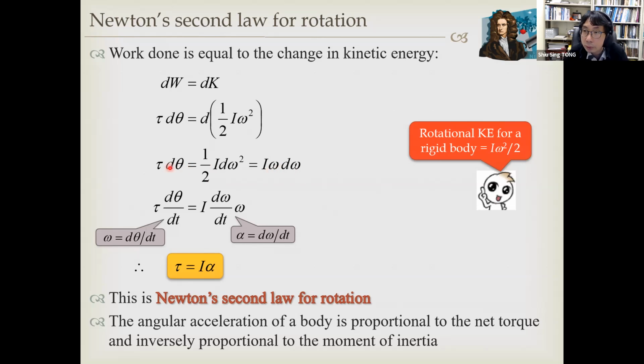Now I would like to divide the equation by dt on both sides. So the left-hand side of the equation now becomes tau, torque, d theta dt. And for the right-hand side, I have I omega multiplied by d omega dt. Is that right? Now, I know d theta dt is actually the angular velocity omega. That is the definition.